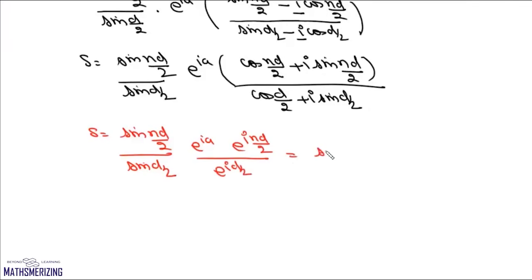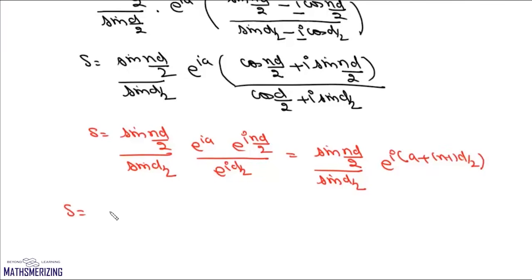We can write this as sine n d by 2 upon sine d by 2, and here it will be e to the power iota a plus n minus 1 into d by 2.